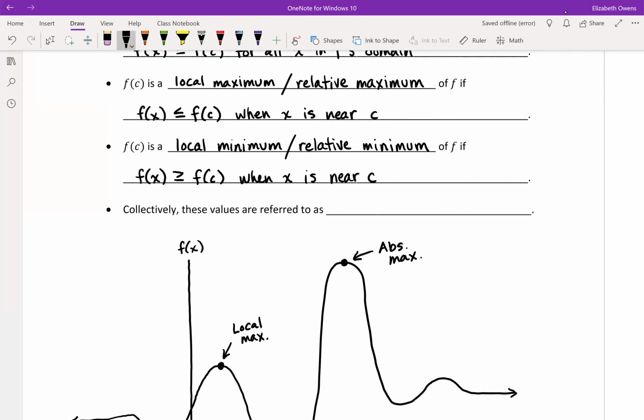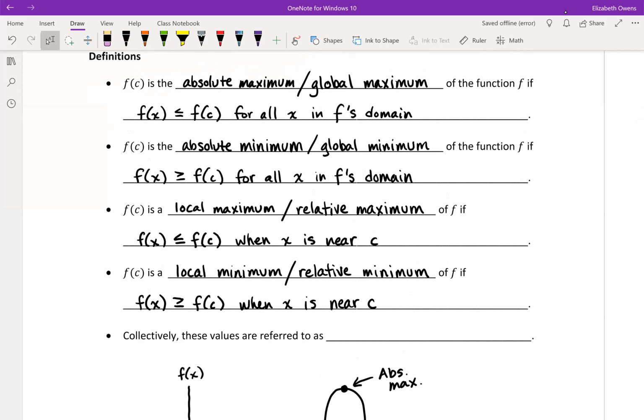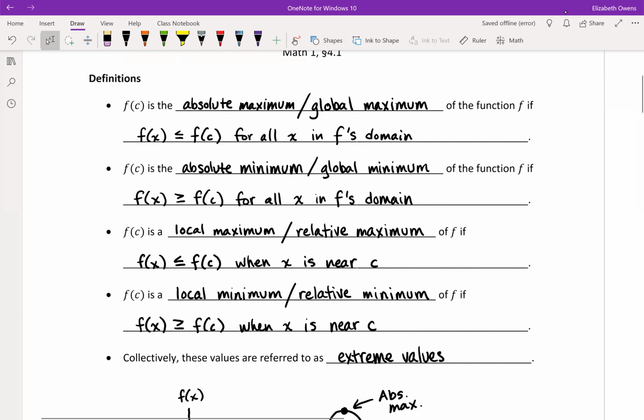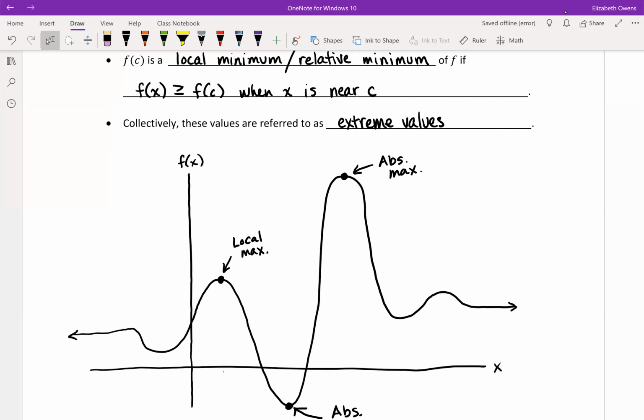Collectively, all four of these, absolute maximum, absolute minimum, local maximum, local minimum, are referred to as extreme values. That's the title of this section. Ta-da! Extreme values. Because they are the extremes here. They're the biggest or the smallest, either on the whole graph or in their own little area. So these are the extremes of our function behavior.